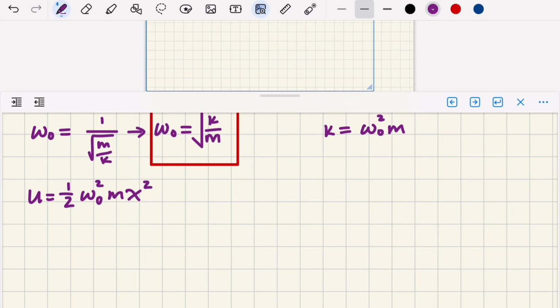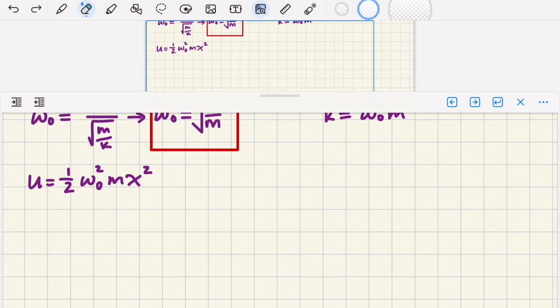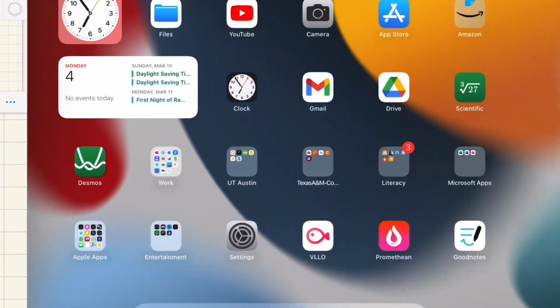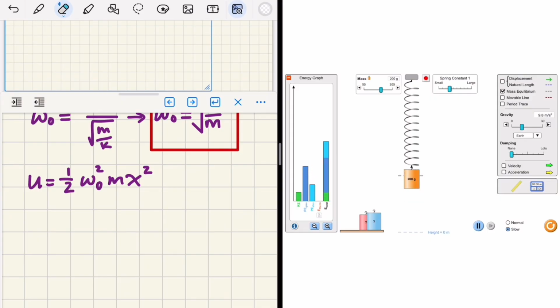So far, so good. Now what do we do? Let's go back to the simulation. Let's think of things in terms of energy, okay? So the total energy is at its maximum when all of it is potential energy, okay? And when did this happen?